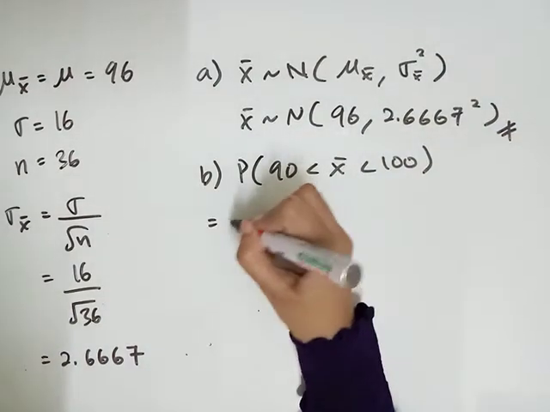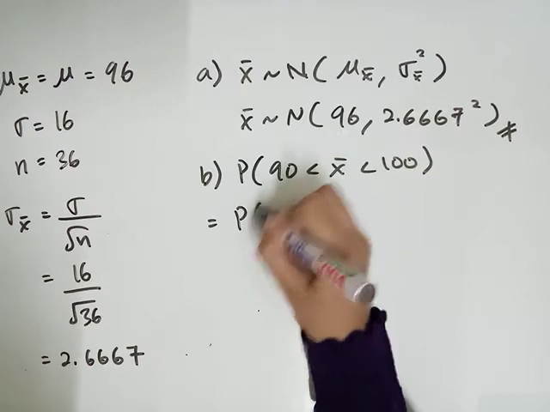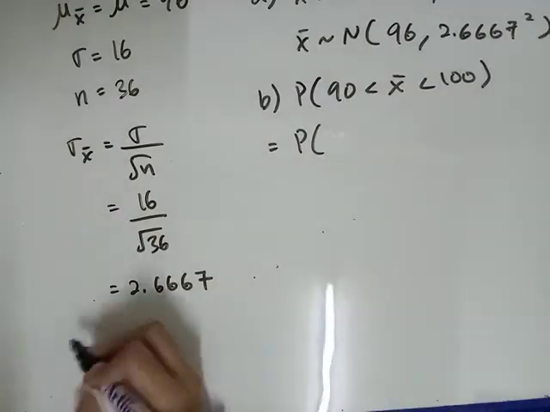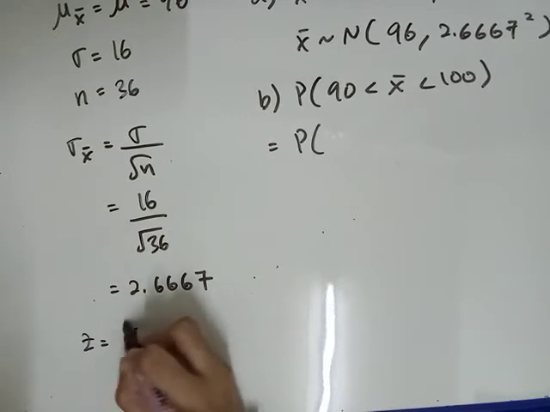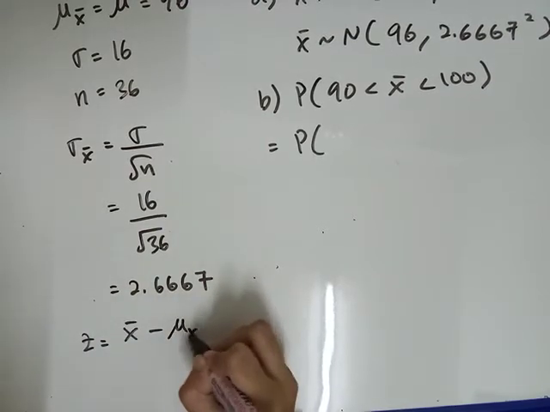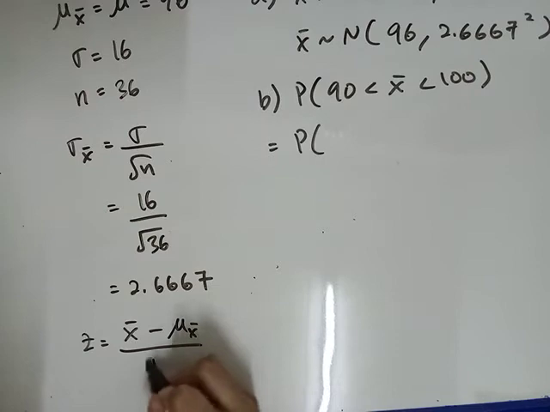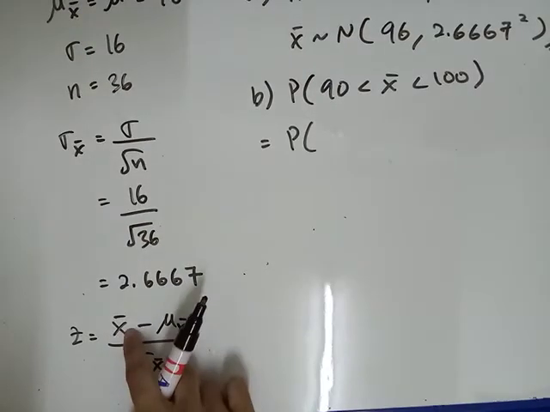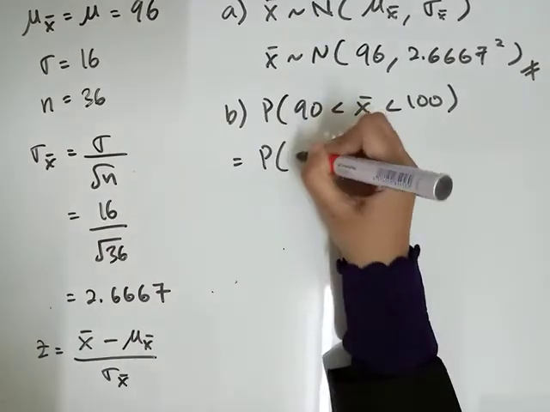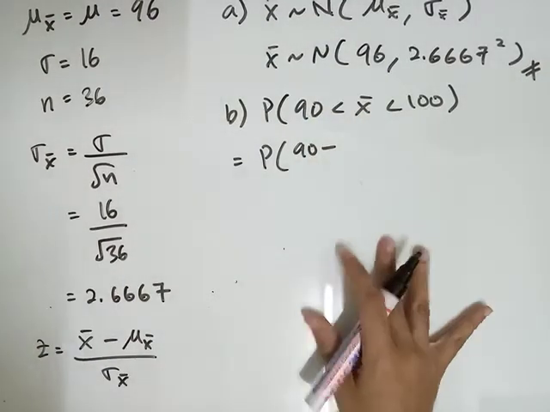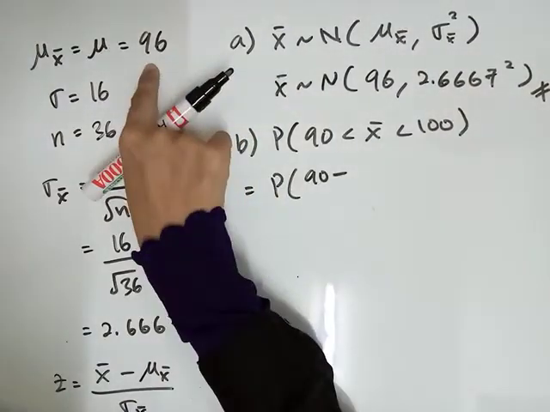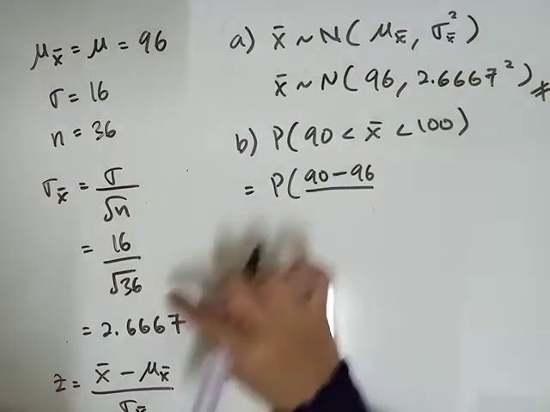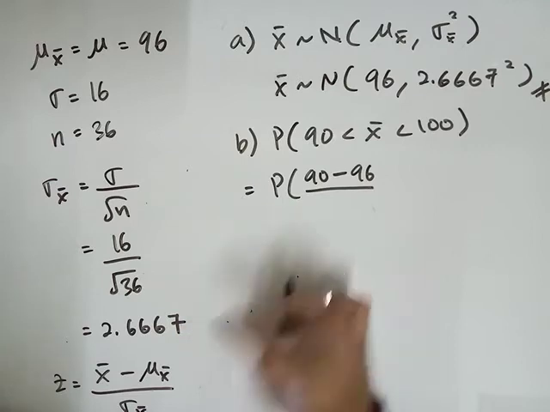So use formula Z, which is, formula dia apa? Z, it is equal sample mean minus mean of the sample divided by standard deviation of the sample. This is formula. So we know that sample mean is 90 minus mean from the sample which is 96 divided by standard deviation, awak dah calculate 2.6667.